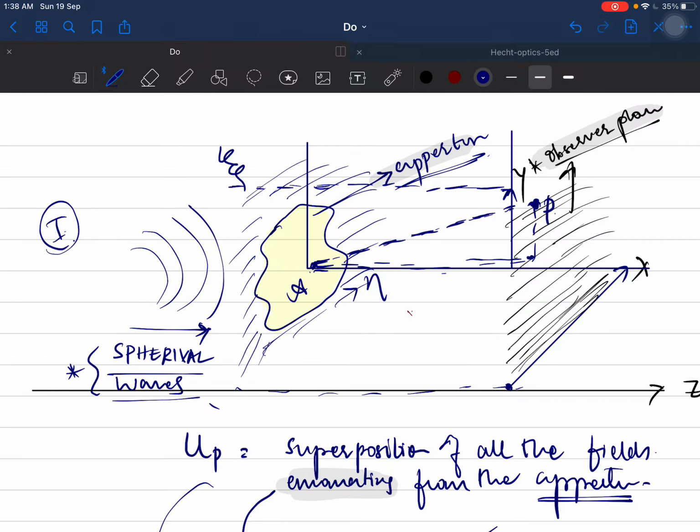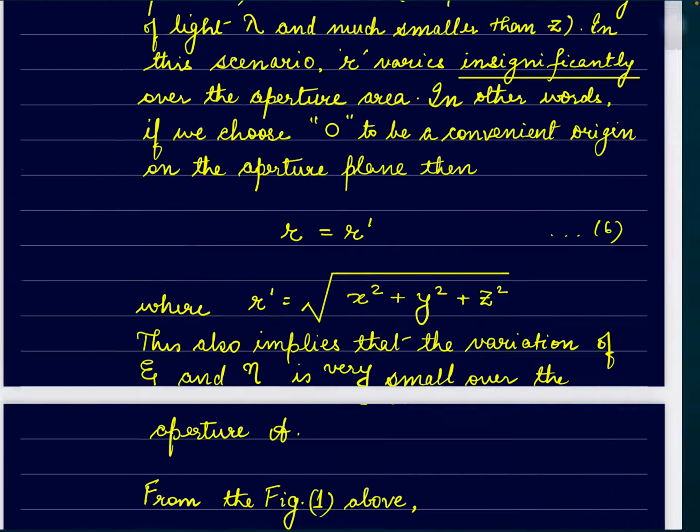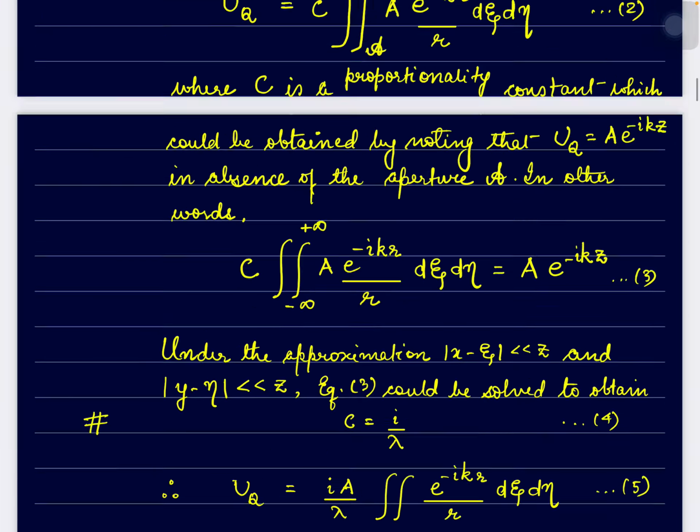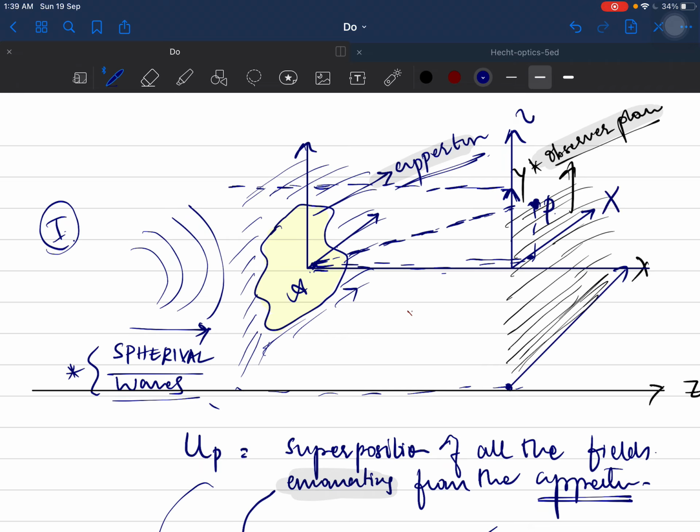Which is xi and which is eta? This is xi and this is eta. This is x, this is y.